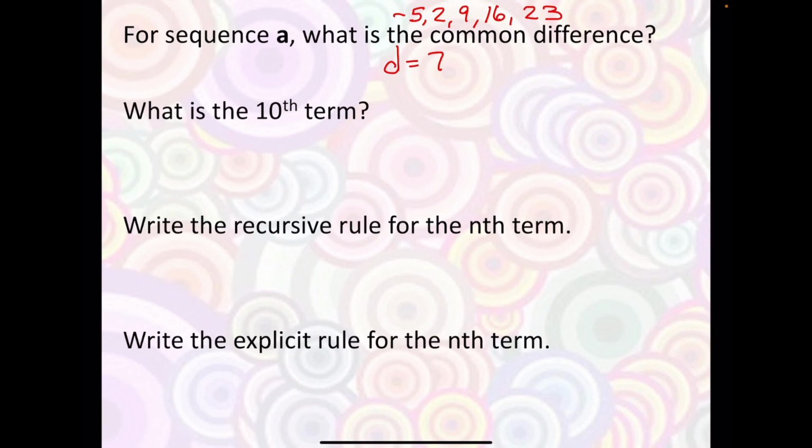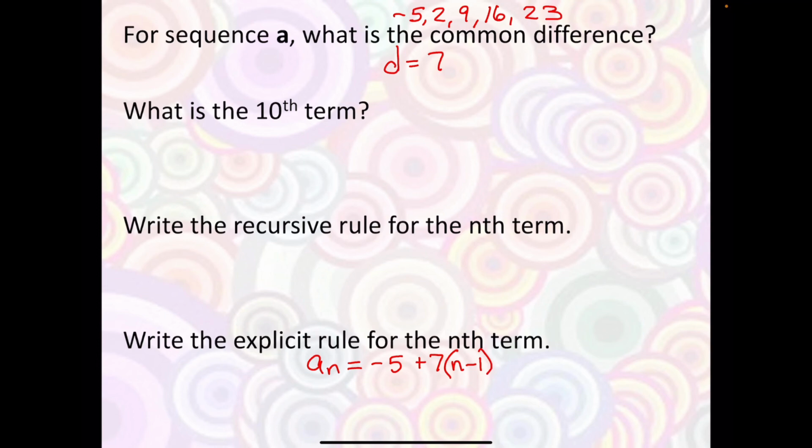So let's hop down here to the bottom. A sub n equals, to find our explicit rule, we start with our first term, and then every time we were adding 7. How many times did we do it? Well, we always did it n minus 1 times, whatever term we were on, minus 1.